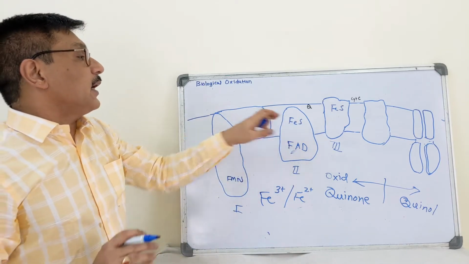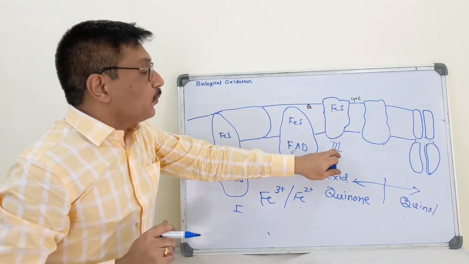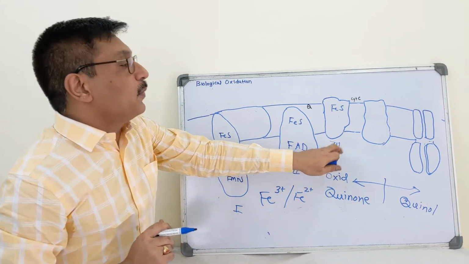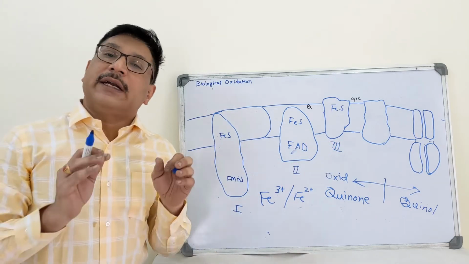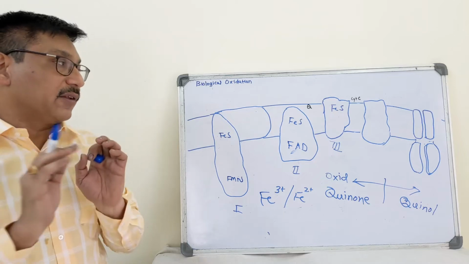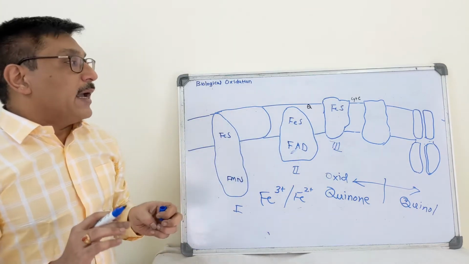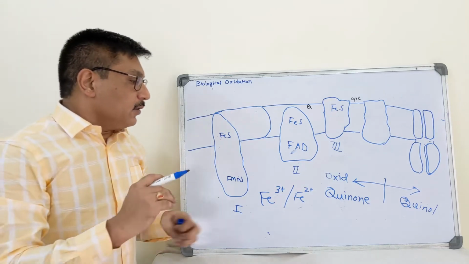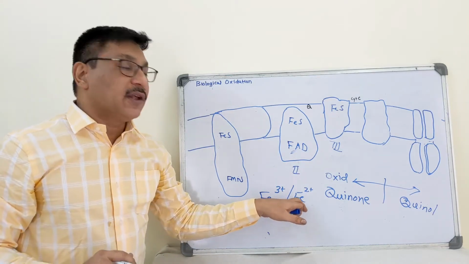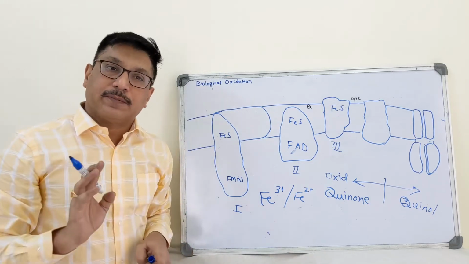Here, iron is attached to the protein complex with the help of histidine rather than cysteine SH groups. This is also called the Rieske iron sulfur protein. Iron oscillates between Fe3 plus and Fe2 plus in this protein.